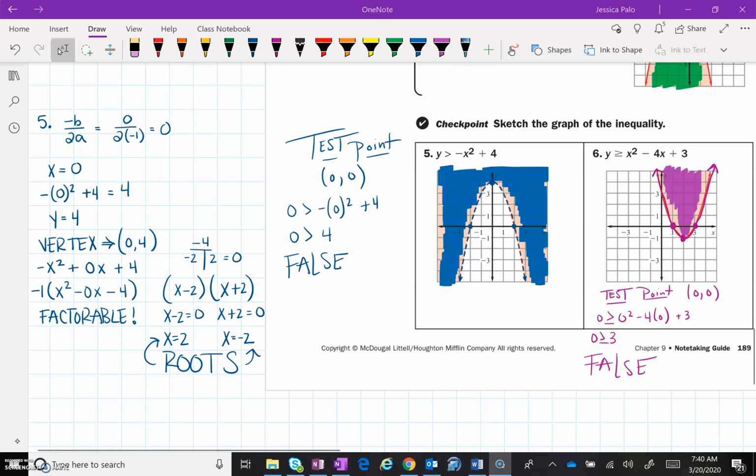Use the test point 0, 0, because the parabola is not on 0, 0. We found that it was false. 0 is not greater than 4, it is false. So we had to shade everything on the outside of the parabola, because 0, 0 is on the inside.